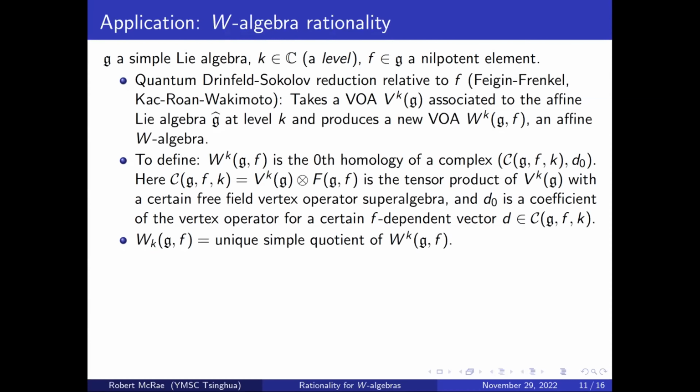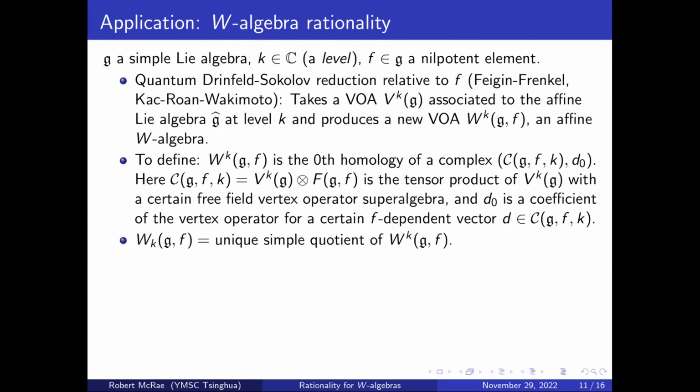And the construction of the W-algebra is based on this quantum Drinfeld-Sokolov reduction, which is due to Feigin and Frenkel, and then to Kac, Roan, and Wakimoto in the fullest generality. So you start with a VOA that's associated to the affine Lie algebra of G at level k, and you construct this new VOA, which is the W-algebra.